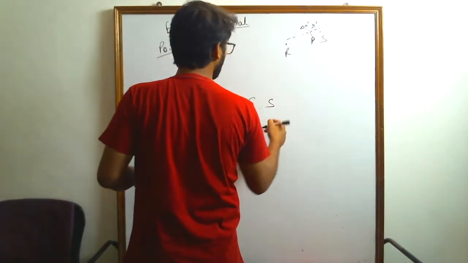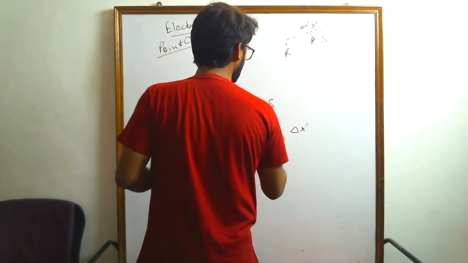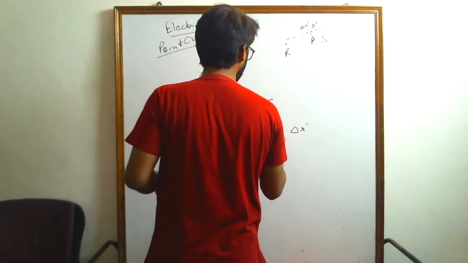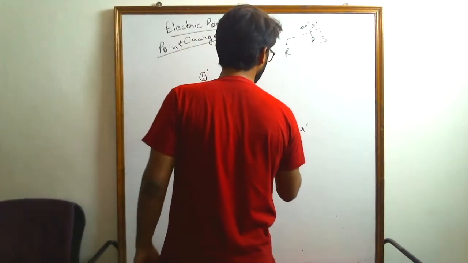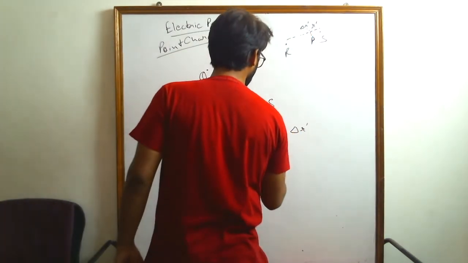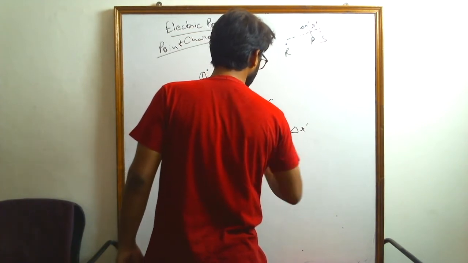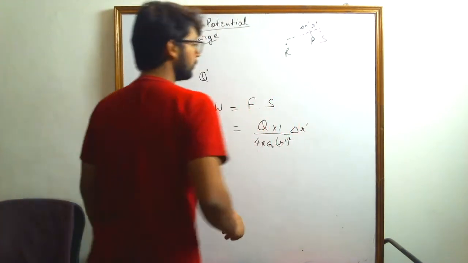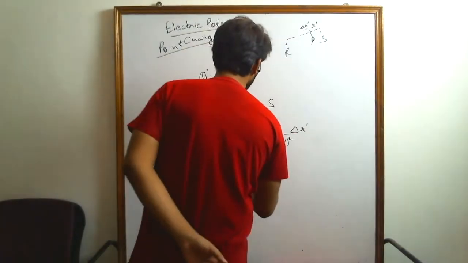S is obviously delta R dash that we are moving at a particular point, and F is the force on this object at this point, and that would obviously be Q, which is this source charge, into 1, because that is the test charge, upon 4 pi epsilon naught R dash square. Okay, so this is the force because that is the distance of this point.